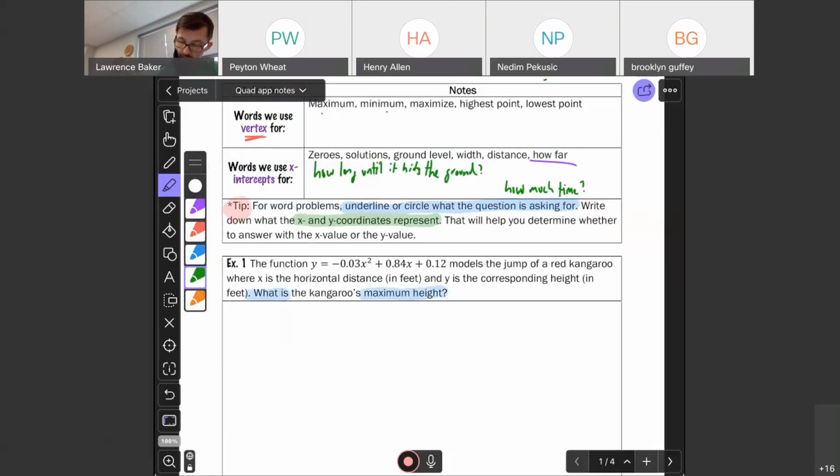What else do we need to write down? What does X stand for? Horizontal distance in feet, or even, why do we really need to say horizontal? Of course, X is horizontal. So X is the distance in feet, and Y is the height. I don't need to say corresponding. So Y is the height in feet. If I'm trying to limit the amount that I need to write down, I can write it that way.